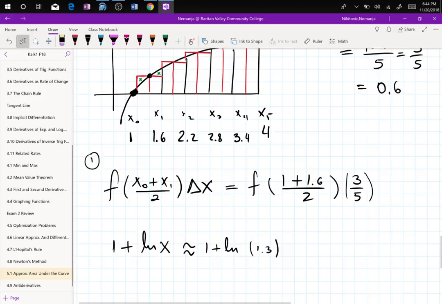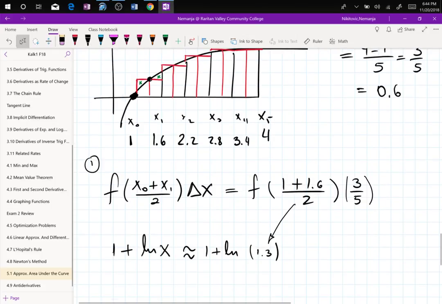So this is 1 plus ln of all of this mess, and then all of this times 3/5, and that's it, because that's your delta x.